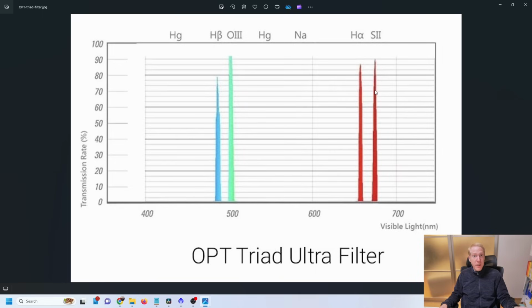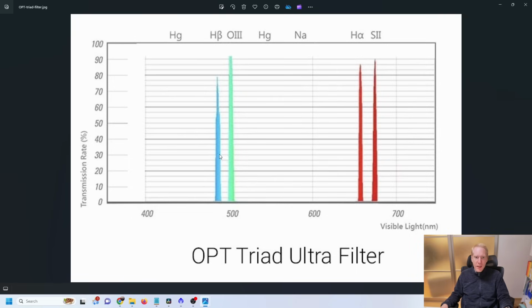And take into account that H alpha is so much stronger than sulfur 2. Sulfur 2 just becomes completely drowned in H alpha. So this thing, having those two bandpasses there for your one-shot color camera, doesn't make any sense to me. Basically, you're going to get the same result as if you had only the H alpha bandpass.